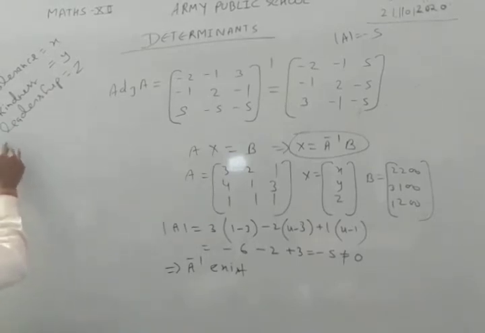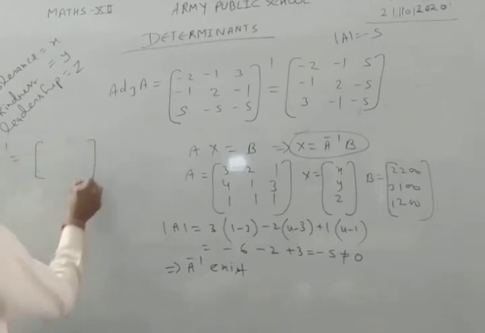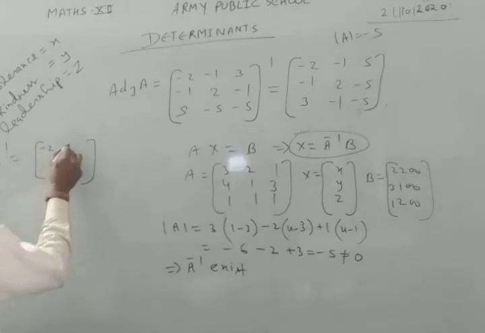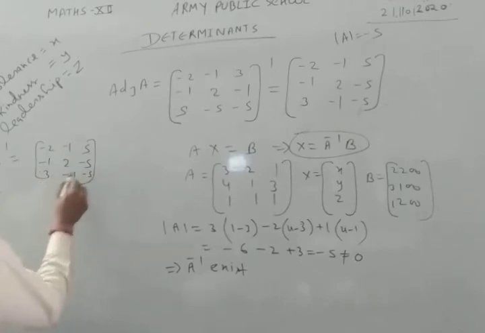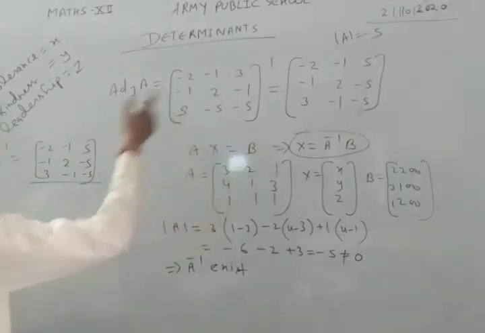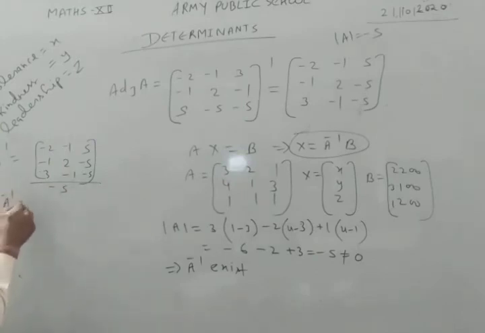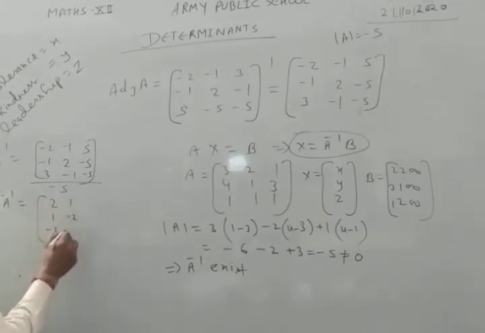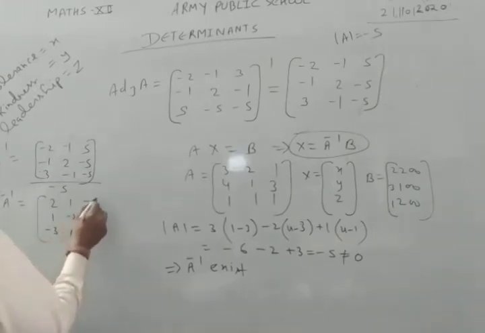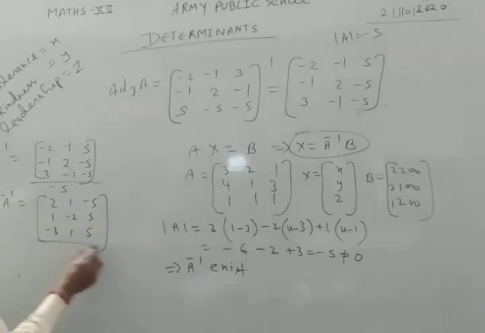A inverse is the adjoint of A, -2, -1, 5, -1, 2, -5, 3, -1, -5, divided by the determinant of A. The determinant of A is -5, so multiplying by this minus we get 2, 1, -5, 1, -2, 5, -3, 1, 5, divided by 5. So A inverse is 1 by 5 times this matrix.